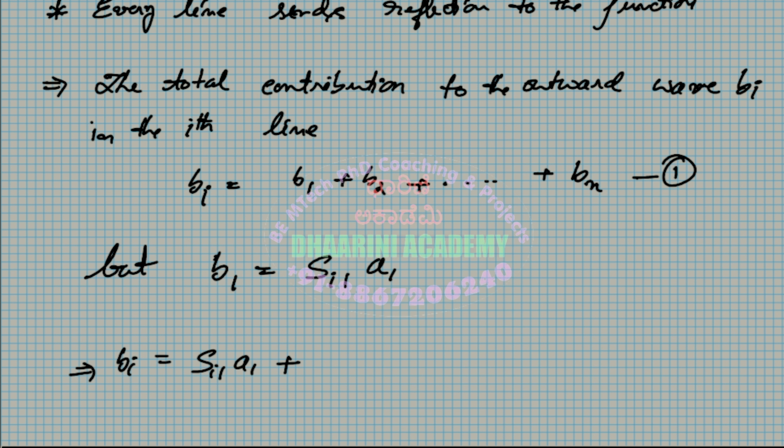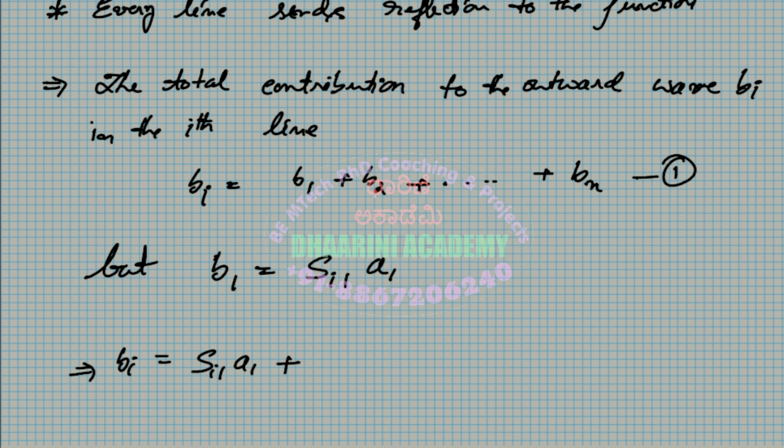And 1 says that it is the reflection from the first line, that is a suffix. B1, A1, Si1, there is 1 written over there. It indicates that we are talking about the incident wave or the reflected wave on the first line. That's why it is S like that. The next part is i.